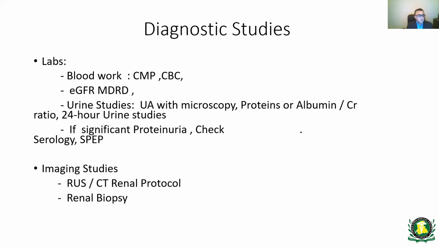Renal ultrasound can help with the diagnosis by showing echogenic kidneys or obstructive uropathies like benign prostate hypertrophy, renal or bladder mass, and polycystic kidney disease. Renal arterial Doppler, especially in younger patients who have hypertension, can be done to rule out renal artery stenosis.